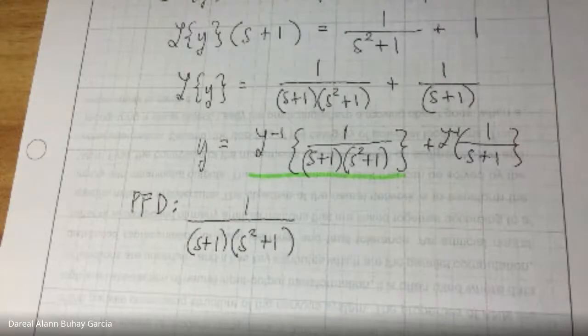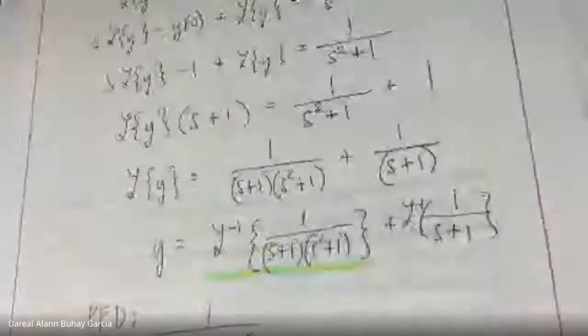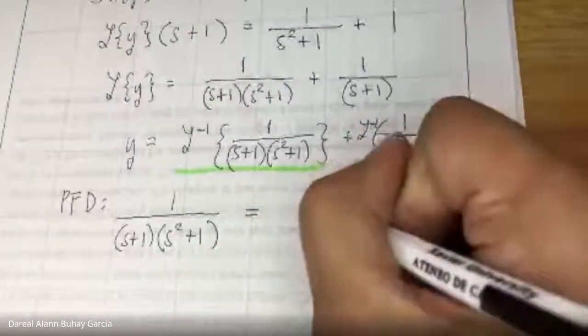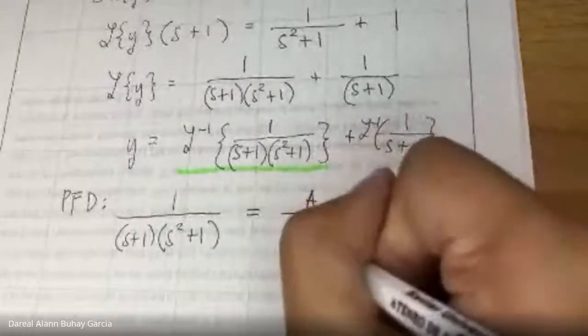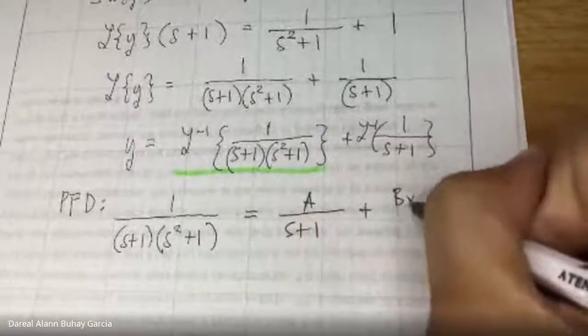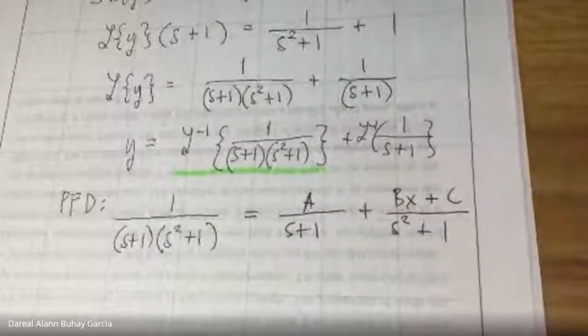Okay. If I'm not mistaken, this is A over s plus 1 plus Bs plus C over s squared plus 1.